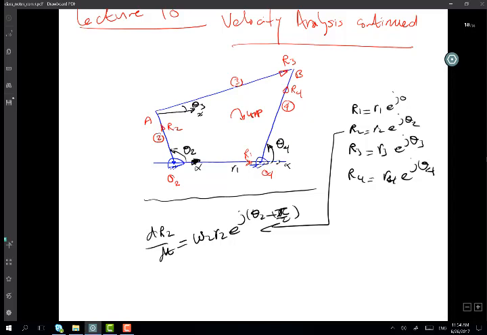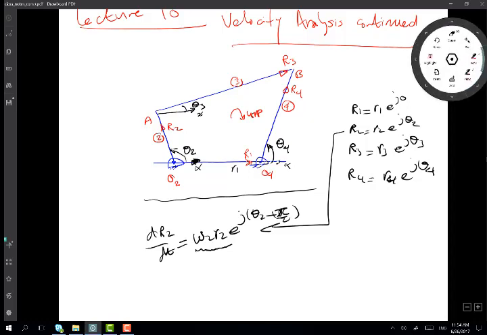This is a velocity term because it has omega, radians per second, times meters, so that's meters per second, and the vector has rotated 90 degrees, as you can see. So the vector which represents the velocity of point A is perpendicular to R2. I rotated R2 90 degrees. So I can say this is VA, right?